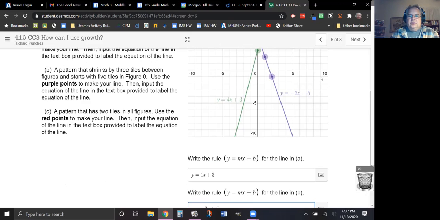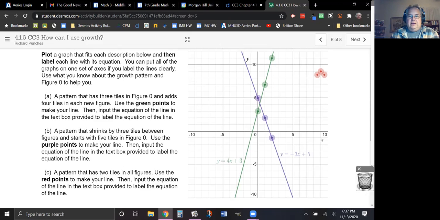And then the last one, the red points, a pattern that has 2 tiles in all figures. Wait, so you're telling me figure 0 has 2 tiles. Figure 1 has 2 tiles. Figure 2 has 2 tiles. 3 has 2 tiles. 4 has 2 tiles. 5 has 2 tiles. Every figure has 2 tiles.